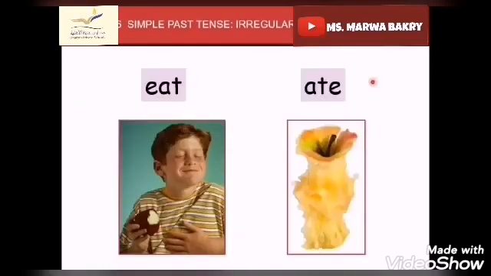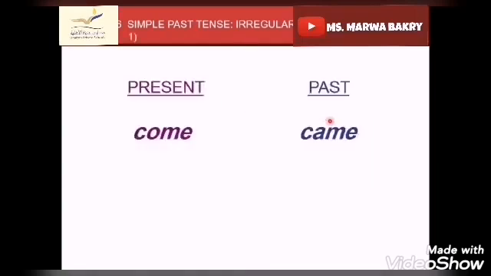Okay, my students. Here we are talking about irregular verbs. Regular verbs like eat, ate. There are no rules for irregular verbs. You must simply learn them, like this verb eat, ate.